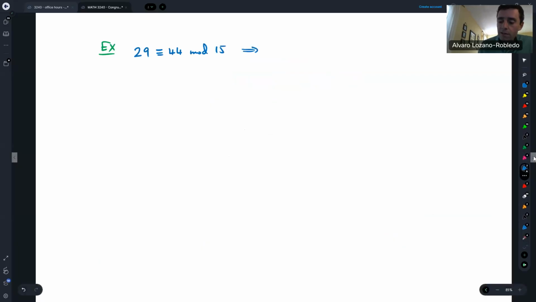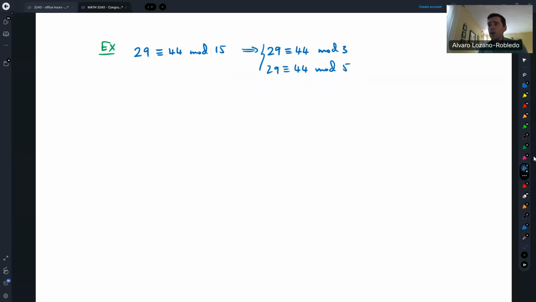This implies, since 15 is 3 times 5, this gives you congruences modulo 3. And also it gives you a congruence modulo 5. Okay, so those are true. You can check that these are actually true modulo 3 and modulo 5, as well as modulo 15.